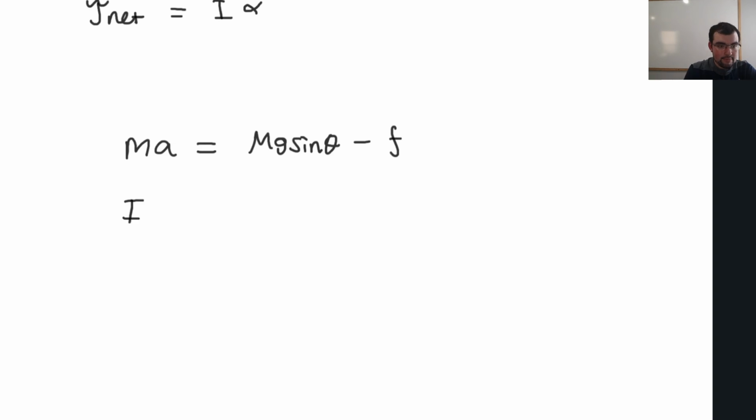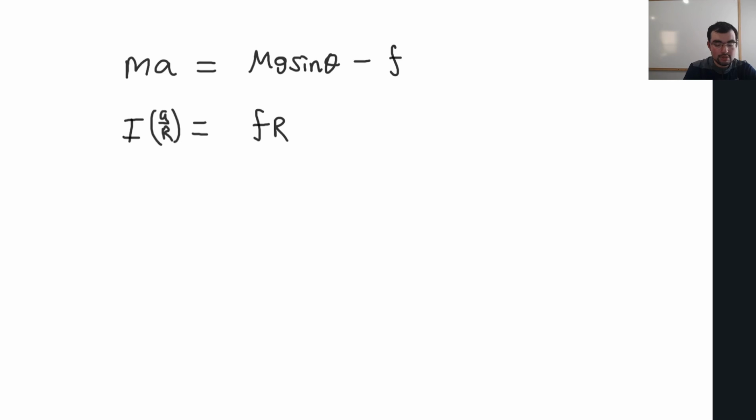And then I alpha is just the frictional torque. That's just the frictional force times the radius of the cylinder, because the frictional force acts at the radius. And then instead of alpha, we can write A over R, the no slip condition. That'll allow us to get rid of this alpha.